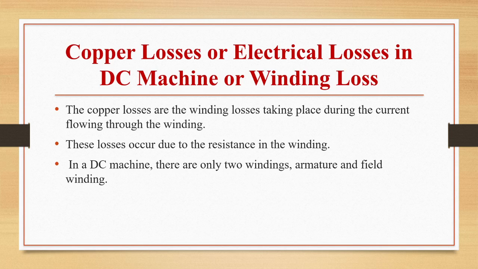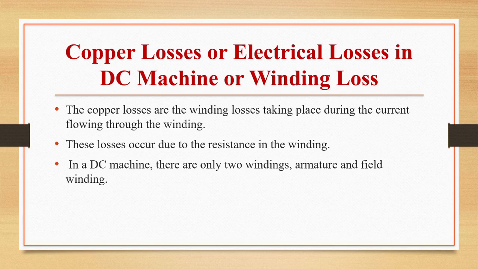Whenever current is flowing through the winding, these losses occur because of the resistance in the winding. Resistance will not allow the current to pass through it, so losses take place inside the winding.